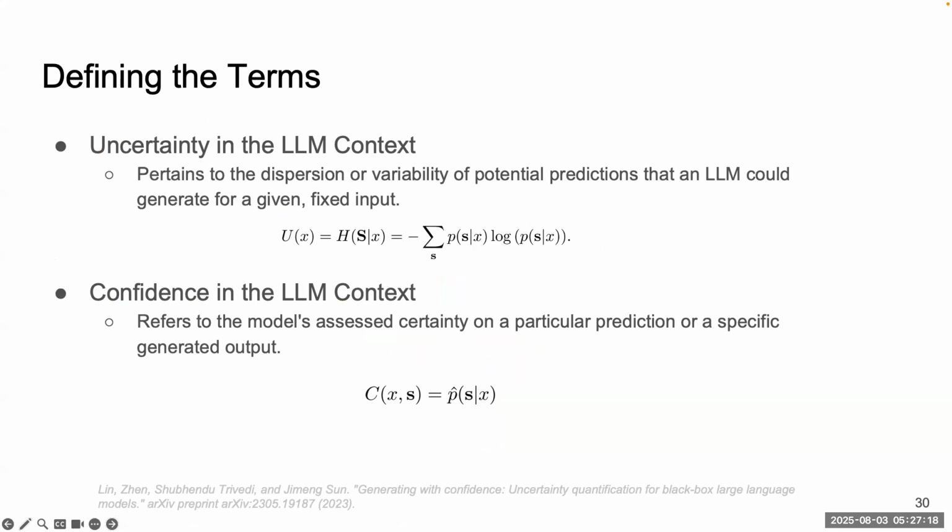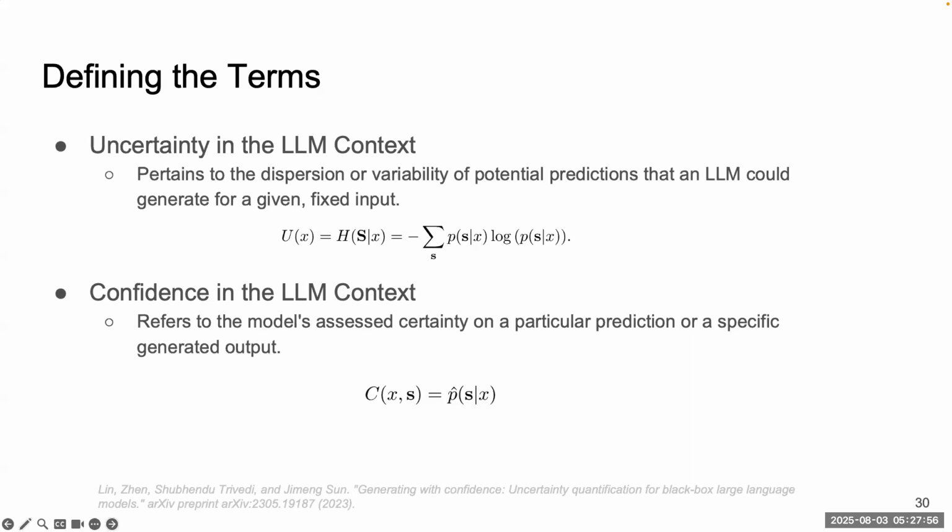X is the user input, a fixed given user input, and the uncertainty in this context is usually the variability of all the possible predictions of a language model given a fixed input. So it's conditioning on the input, definitely. It's also sometimes conditioning on the model itself. But mostly people think of uncertainty in the language model context as quantifying uncertainty for this model given this input X.